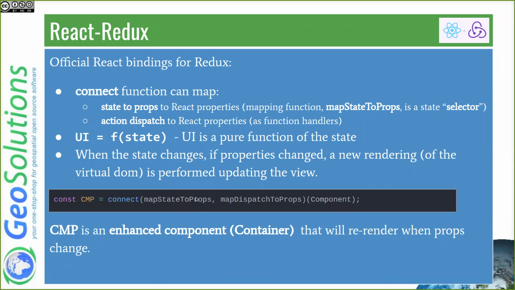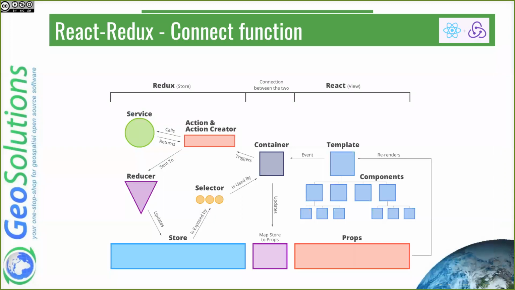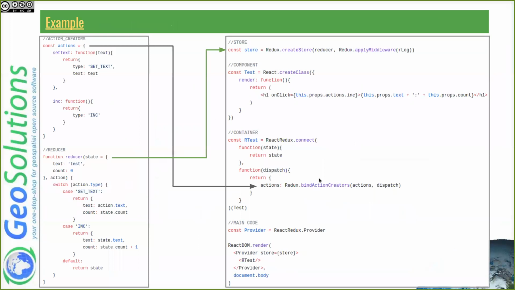So here you can pass as properties simple variables or functions to call, and if you pass them in this object, passed as the second argument, they are automatically dispatched as actions in the store. So this is a quick way to dispatch actions from the interface.